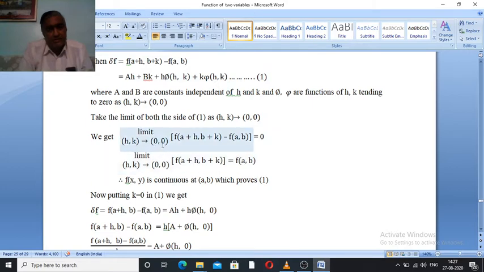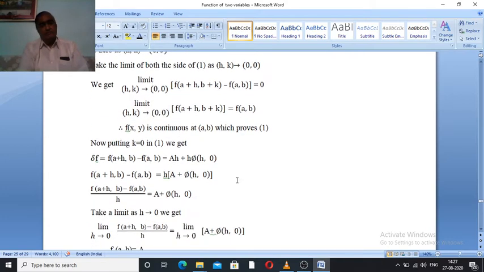Therefore limit as (h,k) tends to (0,0) of f(a+h, b+k) minus f(a,b) is equal to 0. Limit of f(a+h, b+k) is equal to, we write directly f(a,b), because f(a,b) is a constant with respect to the limit. Therefore f(x,y) is continuous at (a,b), which proves part 1.